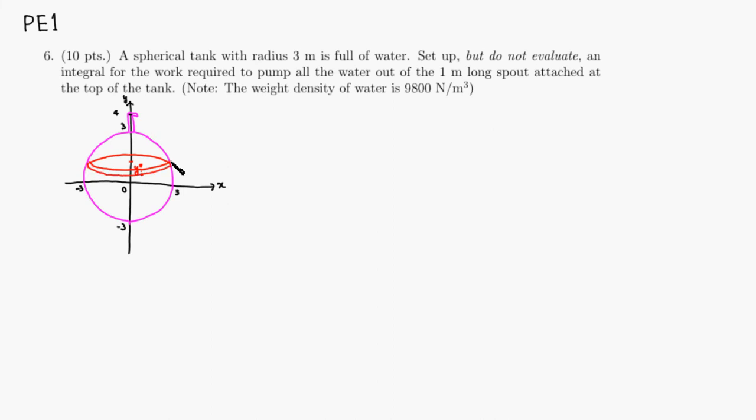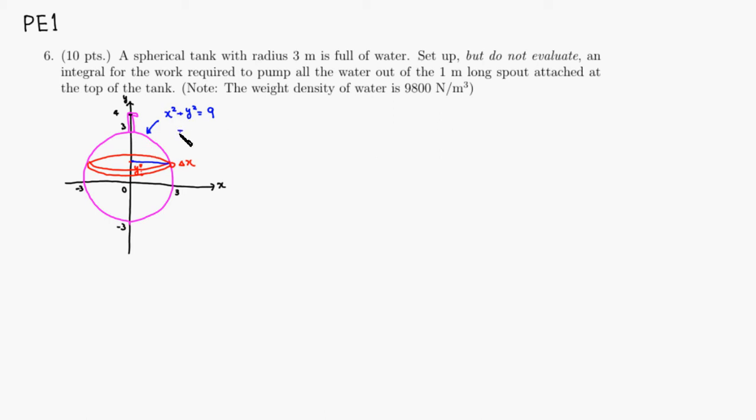Let's use the width delta x. The equation of the circle with radius 3 is x squared plus y squared equals 3 squared, so 9. To find the radius, which is from here to there, that would be the x value, so I'm going to solve for x.